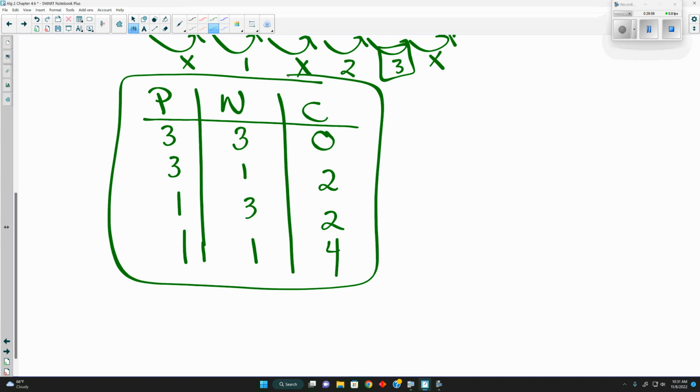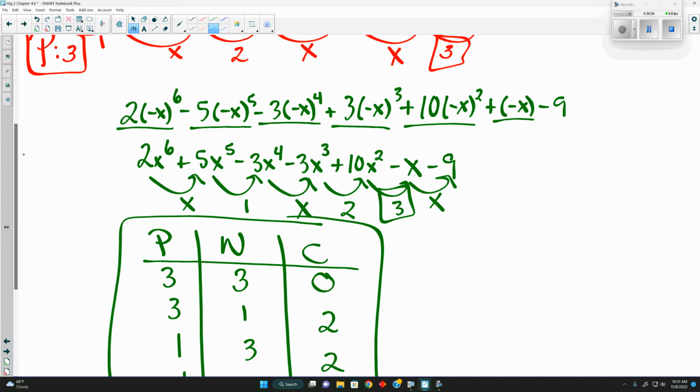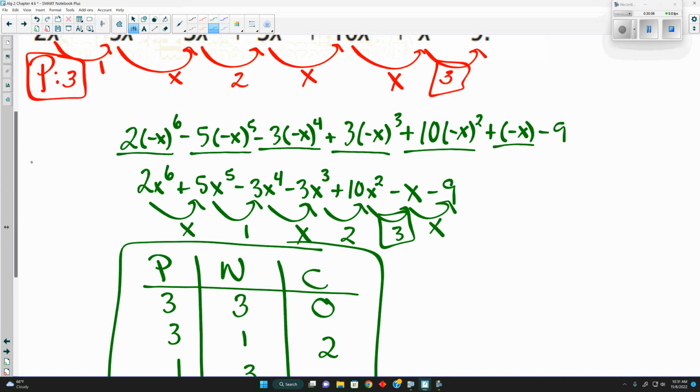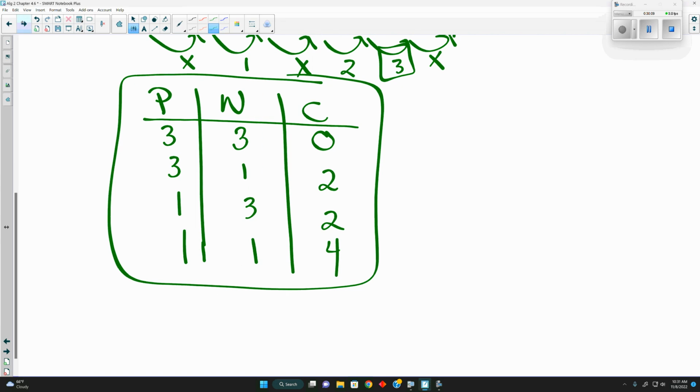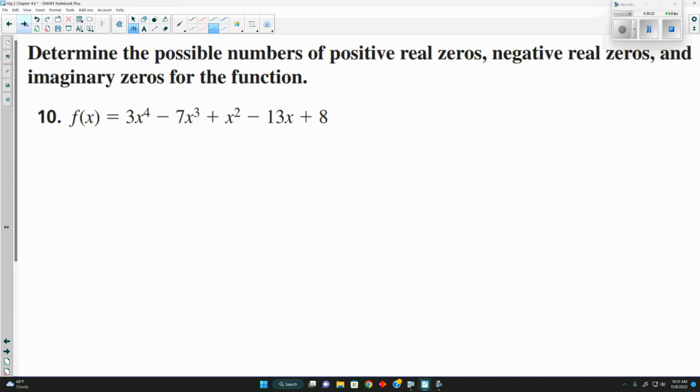Two, like 2 positive, 2 negative, and 2 complex. Yes. 2 positive, 2 negative, 2 complex. Because the number of complex is still 2, not for this one. Oh. But it is possible for that to happen.